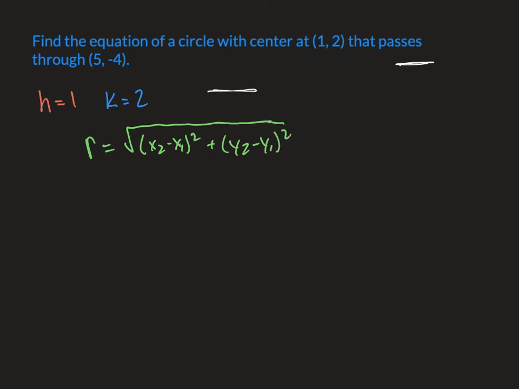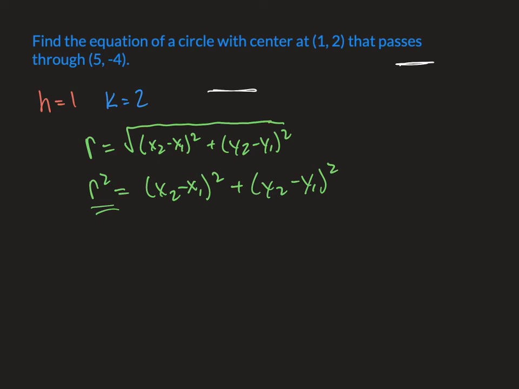Again, remember from the other slide, we really want to find r squared, so we can simplify this to r squared equals x2 minus x1 squared plus y2 minus y1 squared. There's no reason for us to take the square root and then square it again to put it into our equation. So I'm just going to solve for r squared.